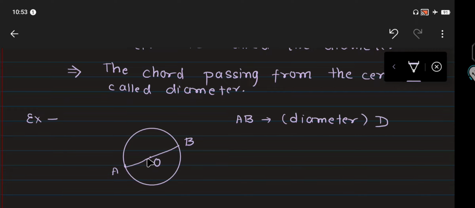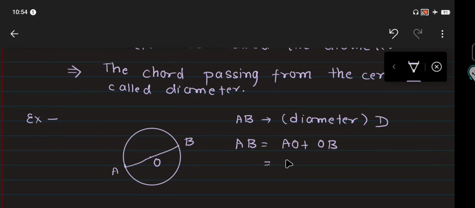So this length AB, you can write like this: AB equals the distance AO and the distance OB. If you add them, you will get the length AB. And we already know that distance AO, that means the distance between the center and a point on a circle, this AO is the radius, and similarly this OB is also the radius.